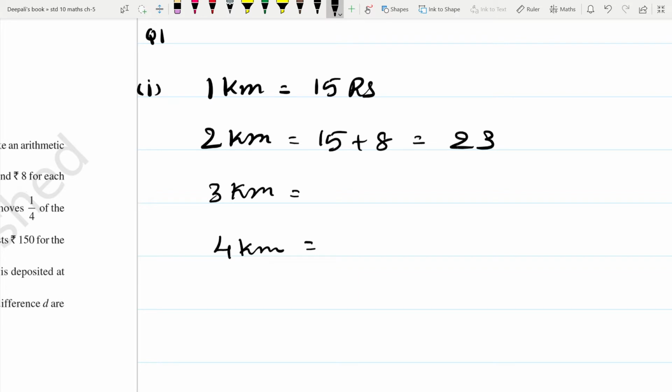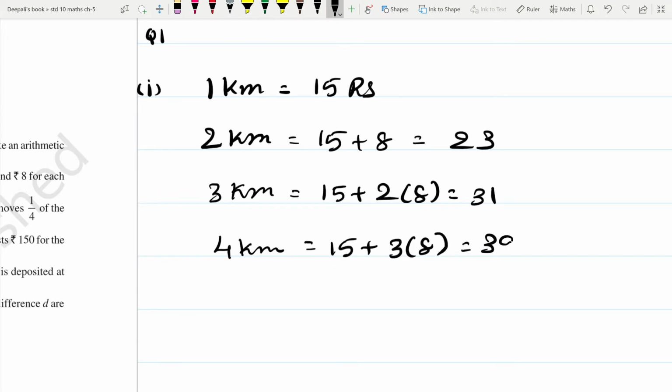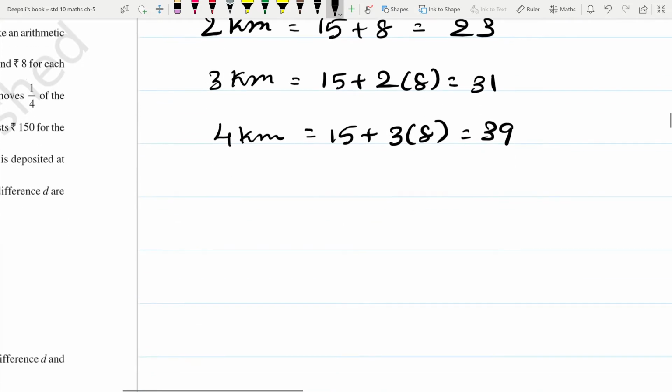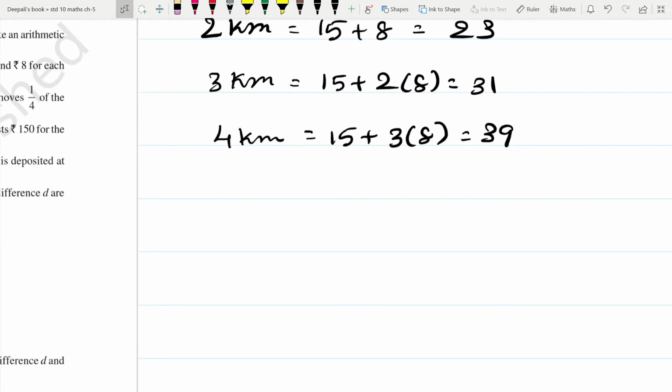Then you have 15 plus 2 into 8 is equal to 31, and 15 plus 3 into 8 is equal to 39. So you can go on that way, applying the formula: A is equal to 15 here and D is equal to 8.